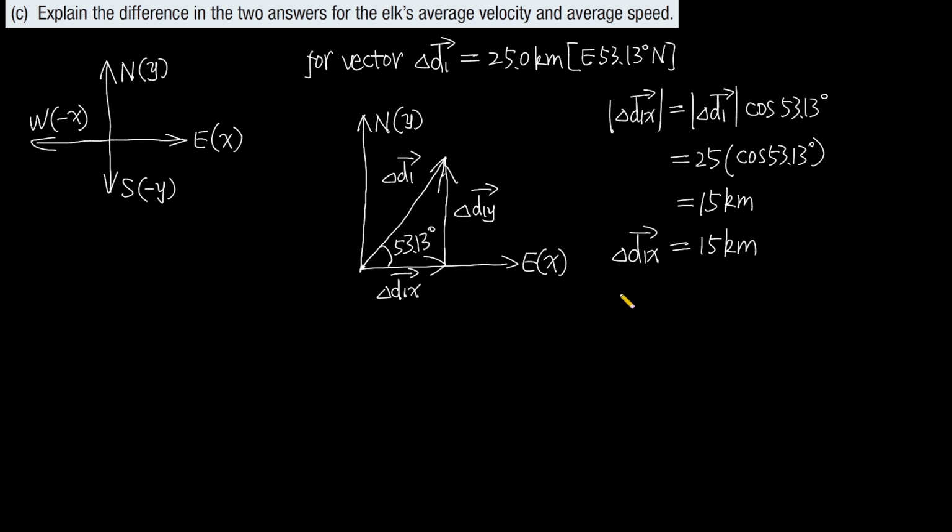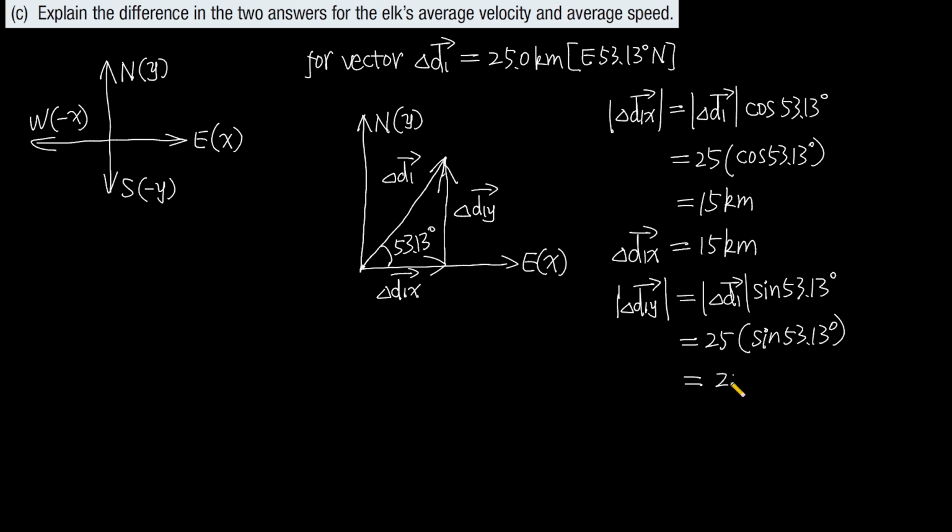Now we know the magnitude of vector delta D1y equals the magnitude of vector delta D1 multiplied by sine 53.13 degrees, and this equals 25 multiplied by sine 53.13 degrees, and this equals 20 kilometers.